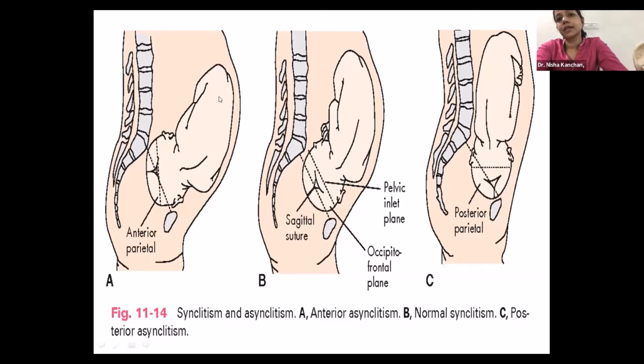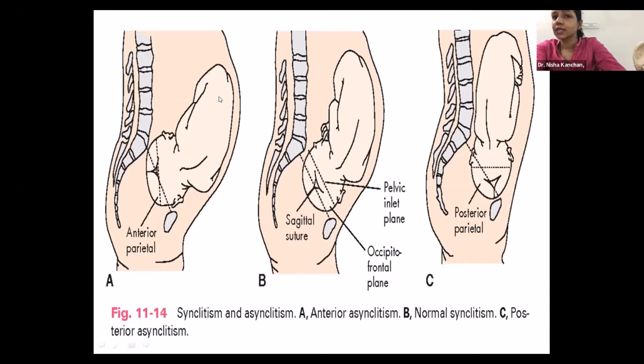So you can see in figure A, the sagittal suture is deflected posteriorly towards the sacrum. So when the sagittal suture is deflected posteriorly towards the sacrum, when you do PV examination, the bone which you feel is the anterior parietal bone.